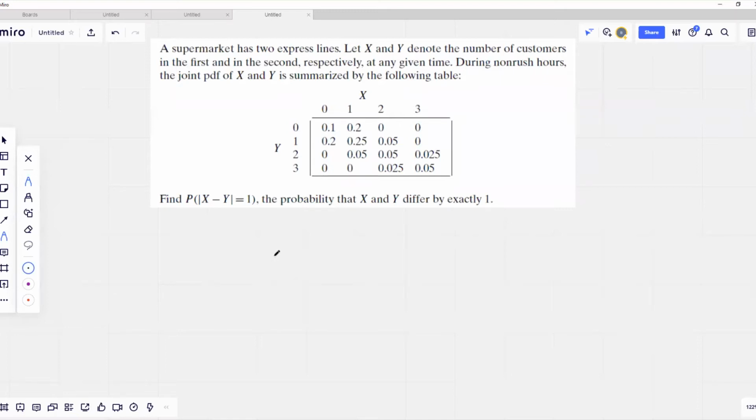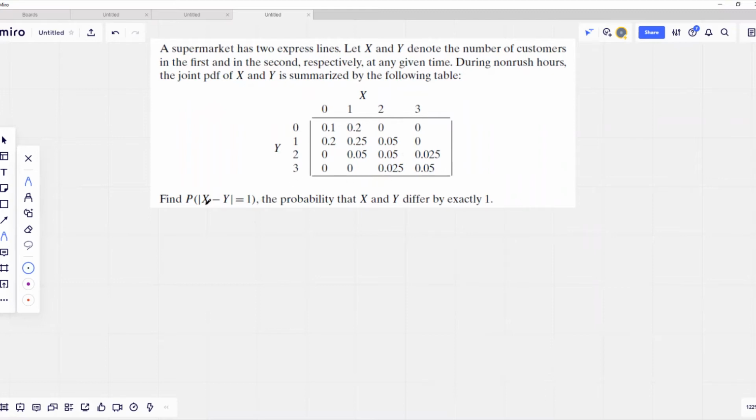Now let's take a look at the following example. So we have a supermarket with two express lines. Let random variables x and y denote the number of customers in the first and second lines respectively. So the joint PDF of x and y is summarized in the following nice table.